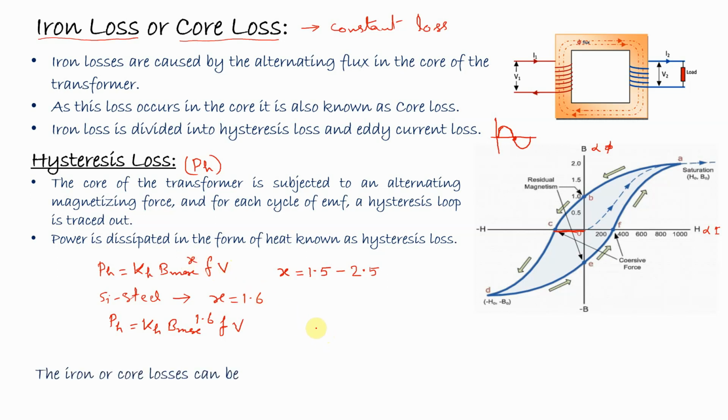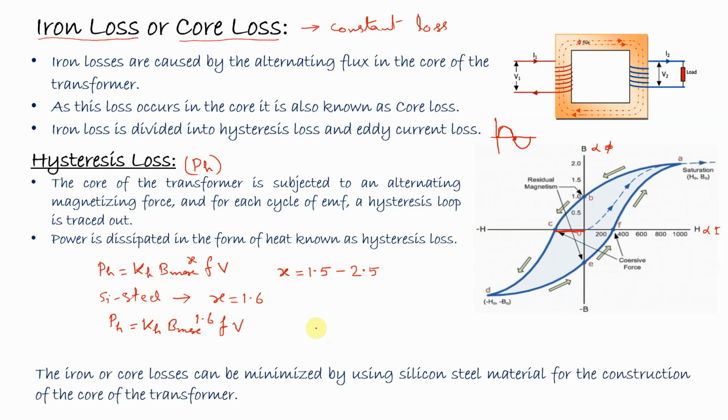Therefore, the hysteresis loss can be minimized by using the silicon steel material. That means where the hysteresis loop will be minimum, the hysteresis loss will also be minimum. Therefore, the hysteresis loss can be minimized by using silicon steel or high permeability material.